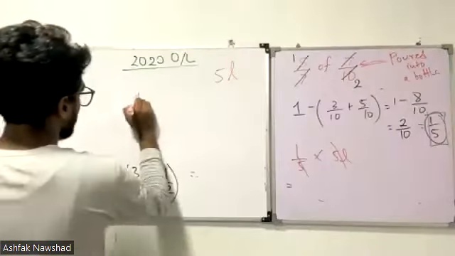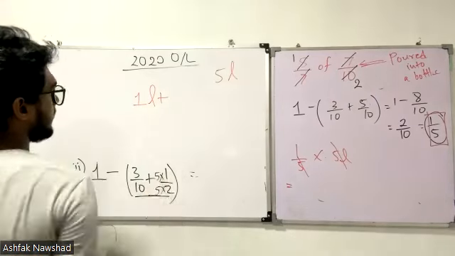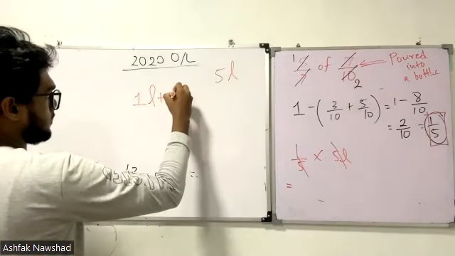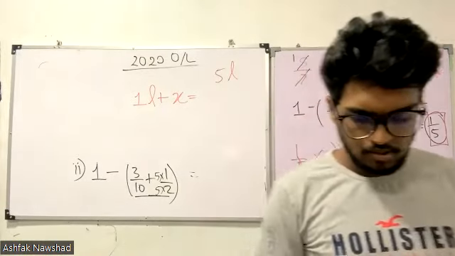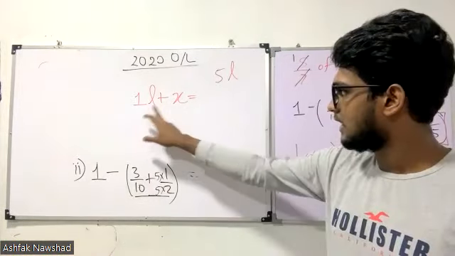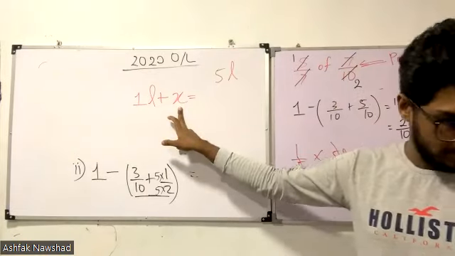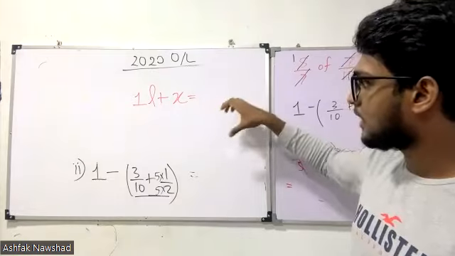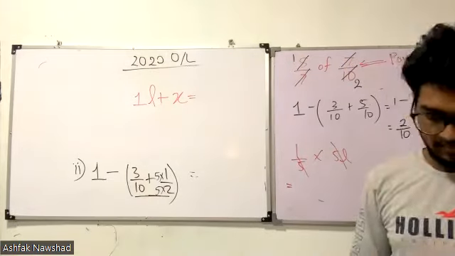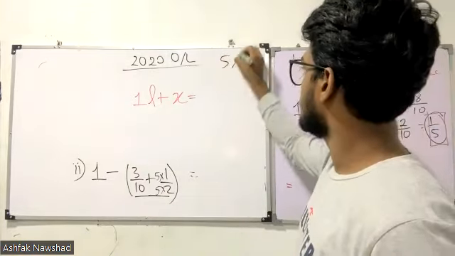So there was 1 liter remaining, and they say they add some more drink. We don't know how much it is, so I'll consider this to be X, right? There was 1 liter and they add X liters. And what happens? The quantity becomes exactly half of the container. The total container was 5 liters.